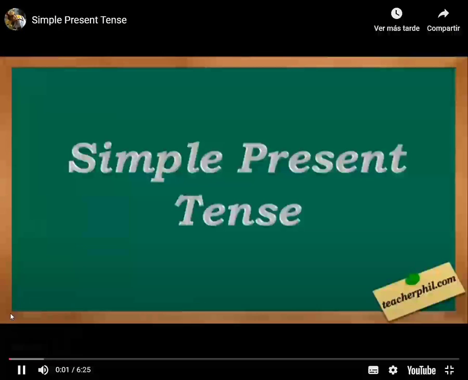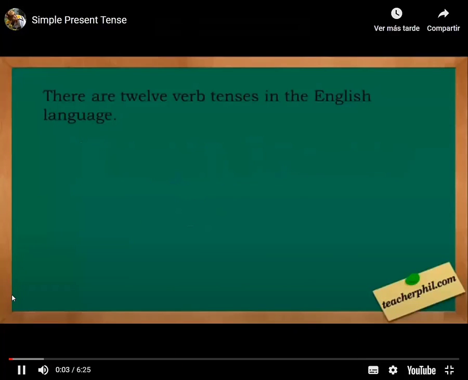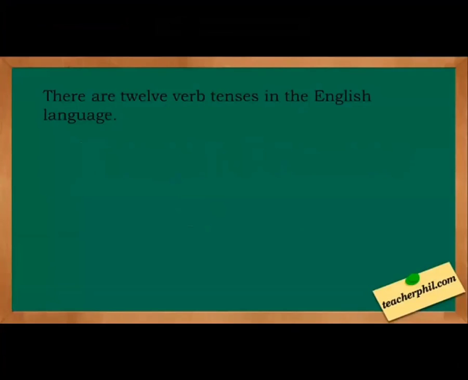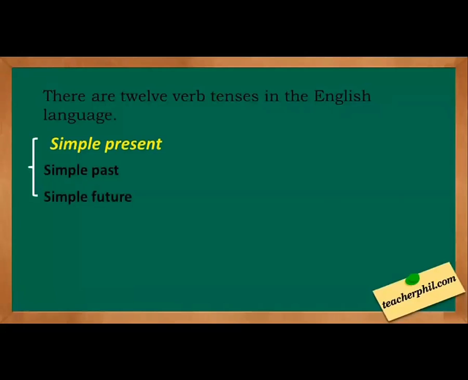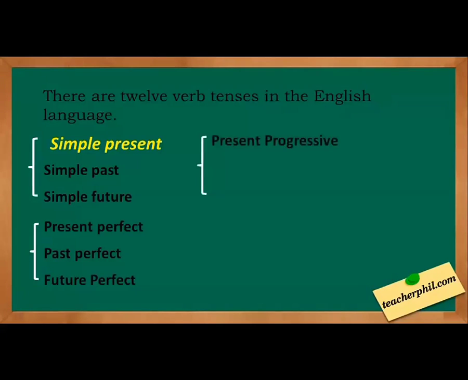Simple present tense. There are 12 verb tenses in the English language. For the simple tenses, we have the simple present, simple past, and simple future. For the perfect tenses, we have the present perfect, past perfect, and future perfect. For the progressive or continuous tenses, we have the present progressive, past progressive, and future progressive.